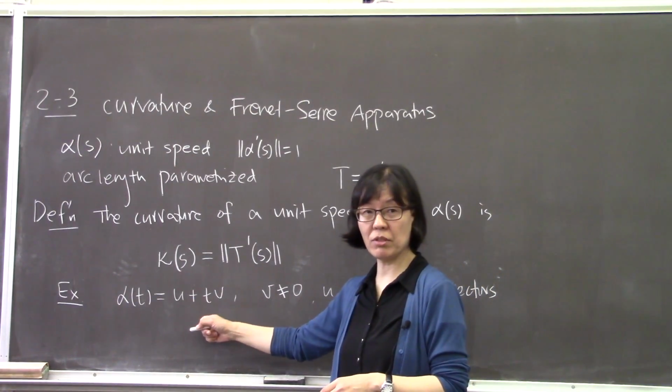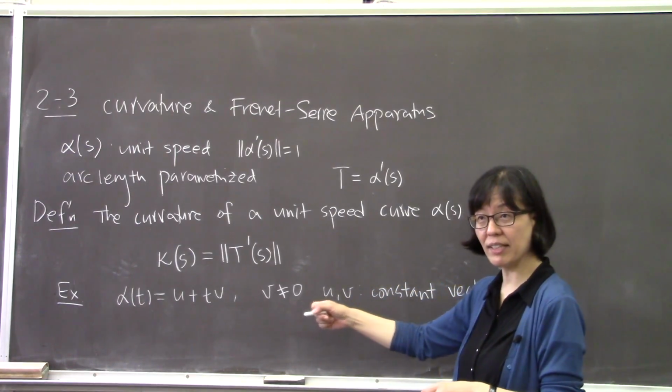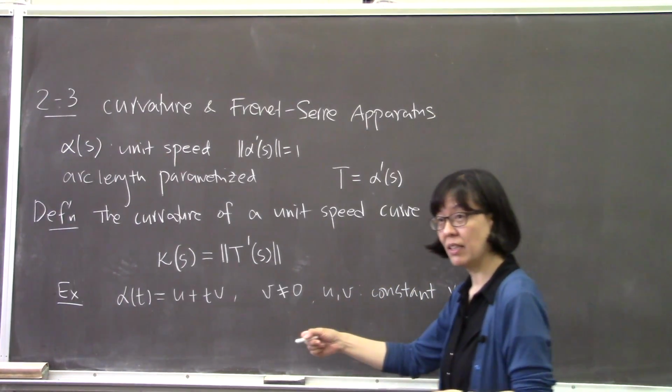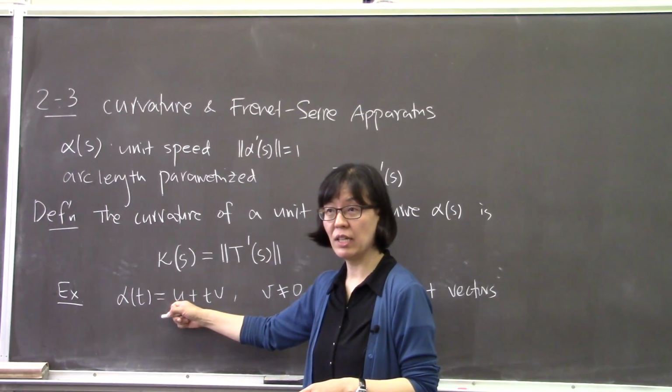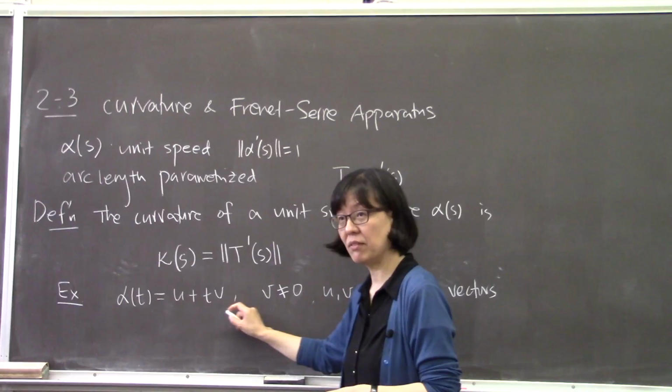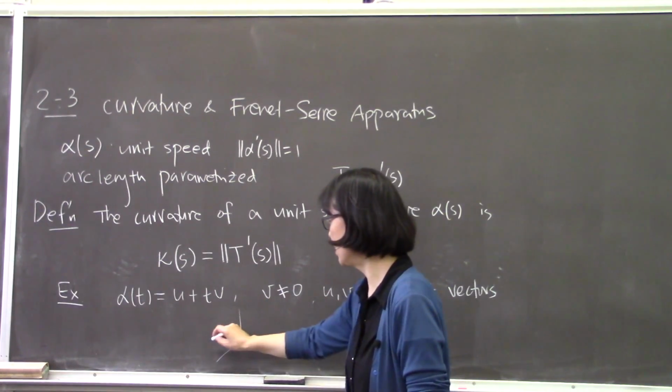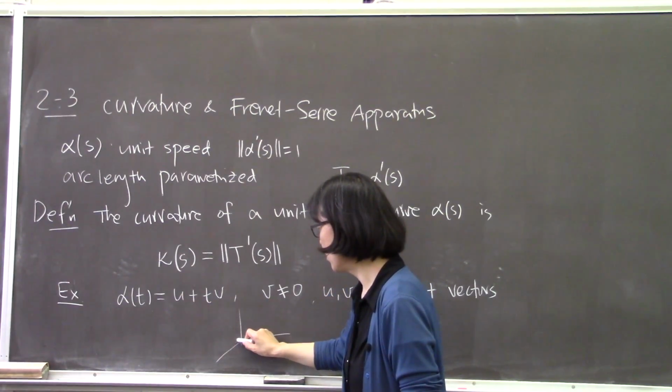So this is a parametric equation for a straight line, right? This is a direction vector. This is a constant vector. If you see here, u is a vector.